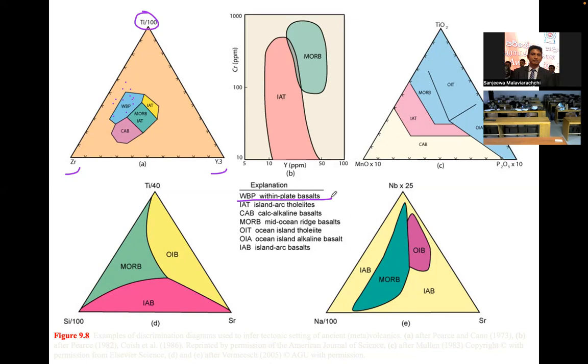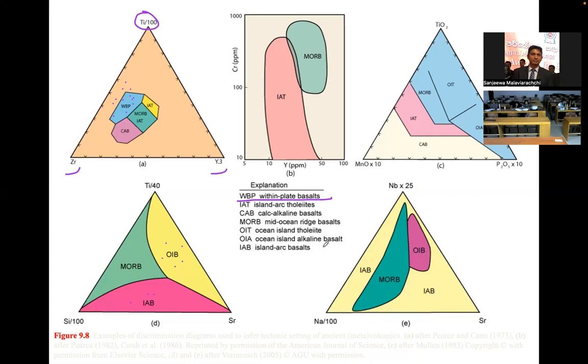So the geochemistry is different in these different settings. Therefore, you can recognize or distinguish which tectonic setting your rock belongs to, right? If your rock is plotting here, it should be an ocean island basalt, okay, OIB. And if your rock is plotting somewhere here, it must be an island arc basalt.